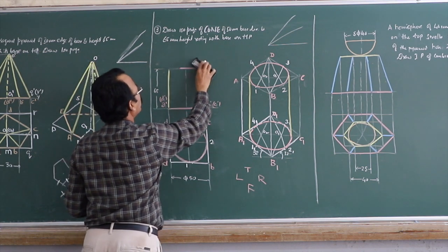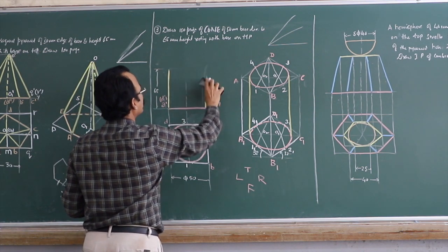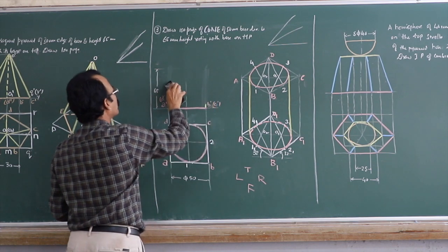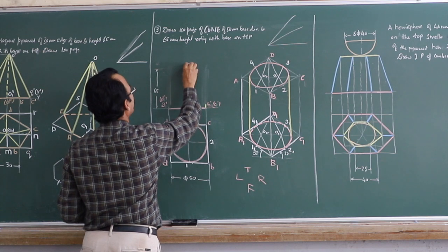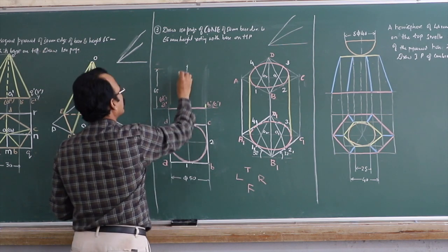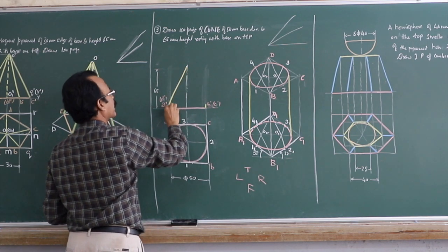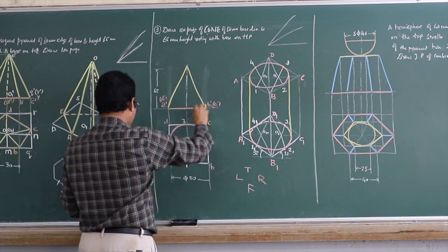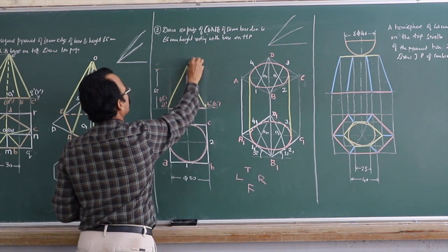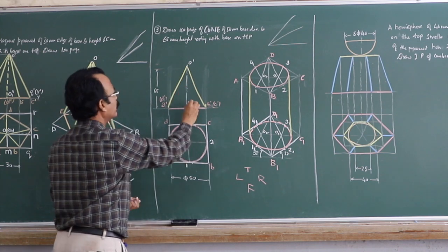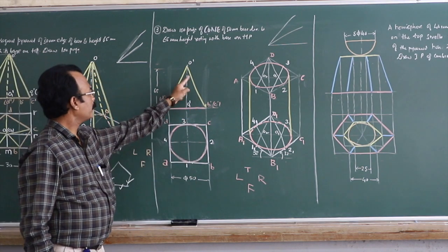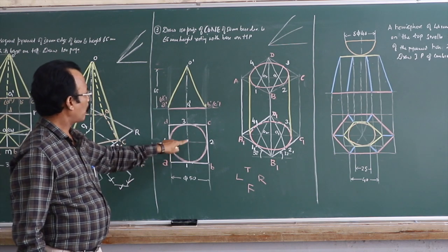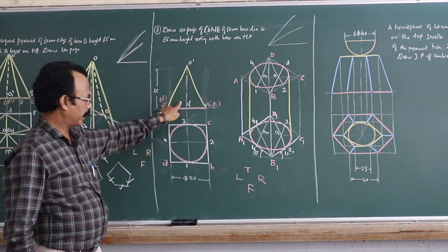Now in the top view, you will not have this. So you will be drawing this axis here and you will be connecting these two slant generators. This is O dash, this is O1 dash there. Okay. So this is the orthographic view, top view and front view of the cone there.